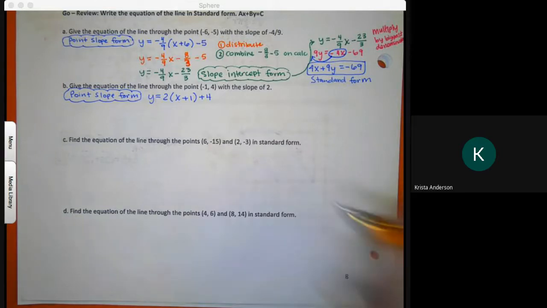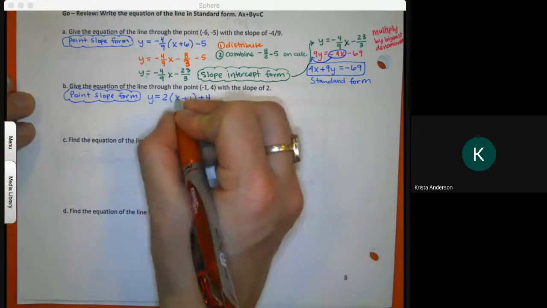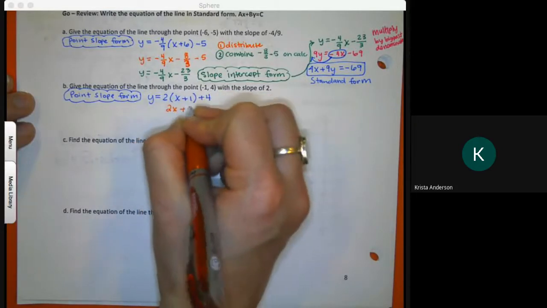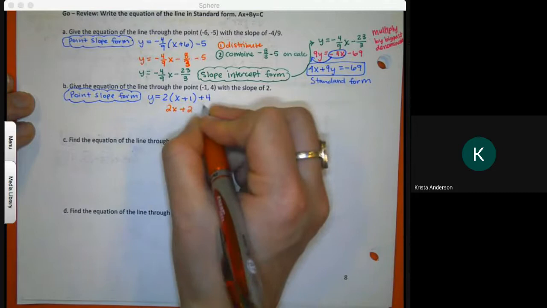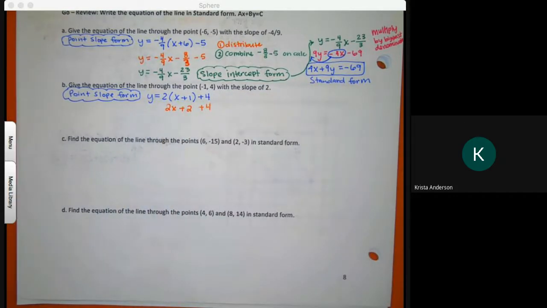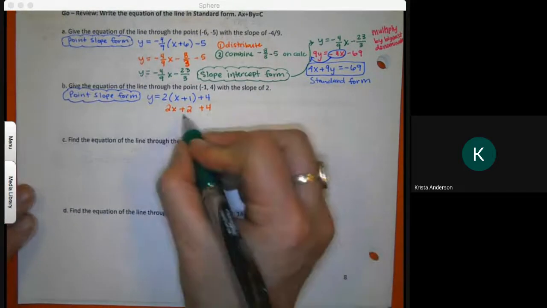I then distribute 2 times x is 2x plus 2 times 1 is 2. The 4 is not multiplied. 4 is just hanging out on the end, is not going to be affected. I then combined the 2 plus 4.